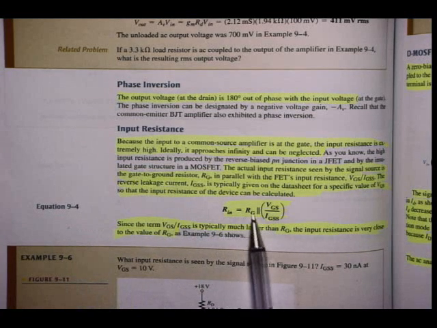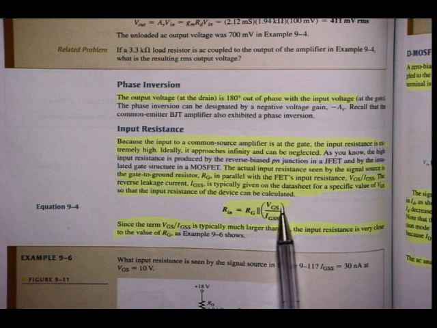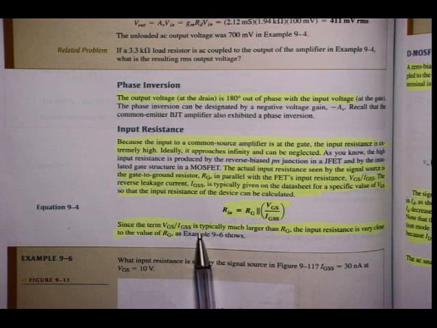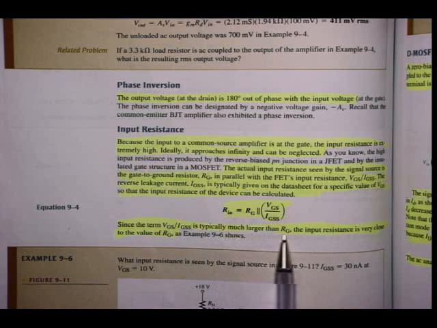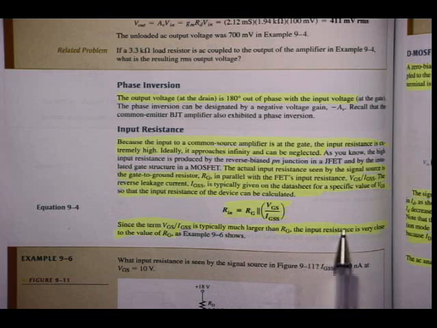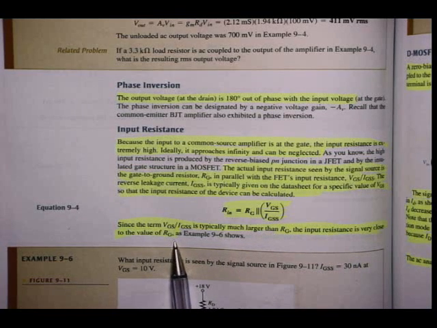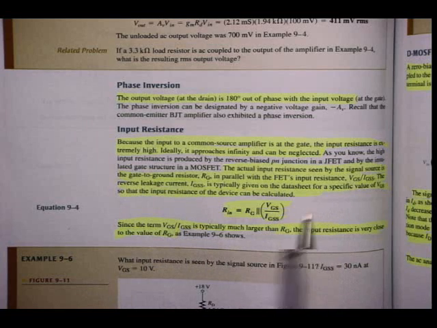So Rin is then RG in parallel with VGS over IGSS. Since the term VGS divided by IGSS is typically much larger than RG, the input resistance is very close to the value of RG. Alright, so we can just assume then that the input resistance is equal to RG.